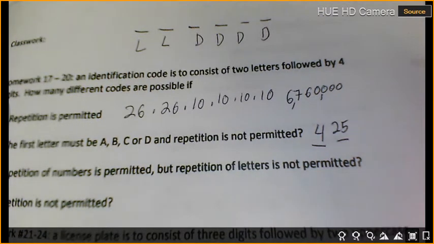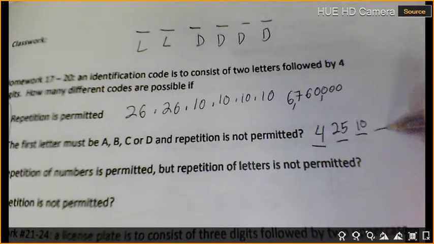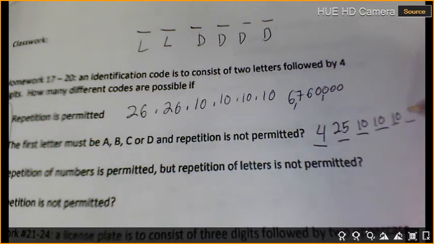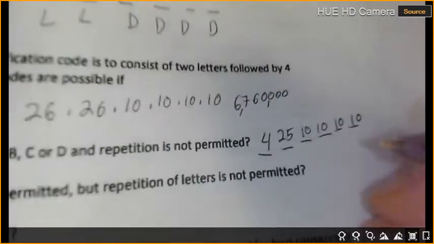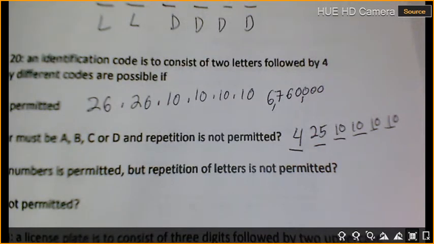It doesn't say anything about the numbers, so I have four 10s in a row. So we multiply 4 times 25 times 10, 10, 10, 10. I get 1 million.